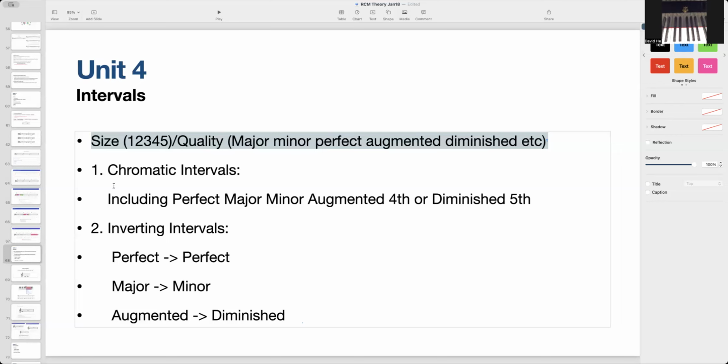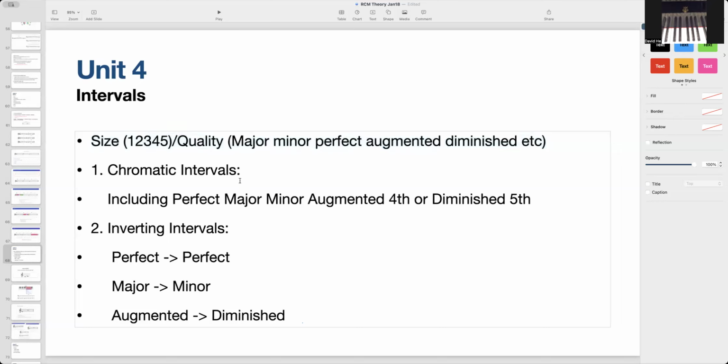For example, if the examiner plays a C and an E, broken and then solid, together, and asks you what the interval is, you can say this is a major third. That's it.